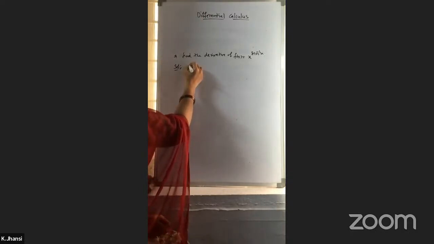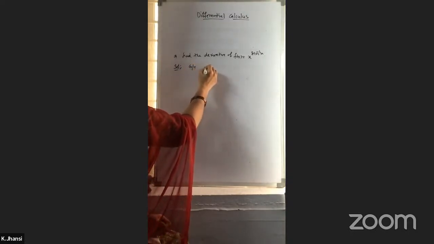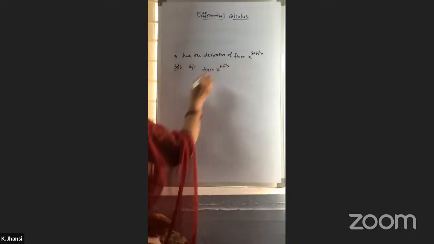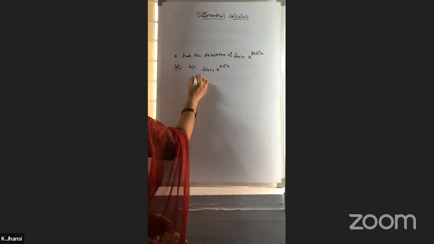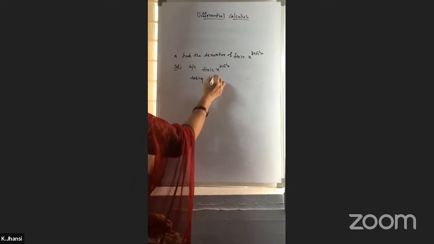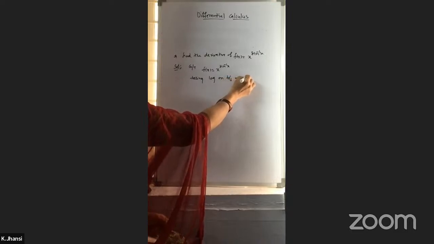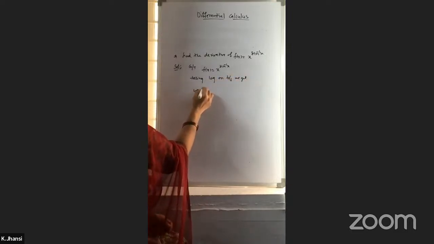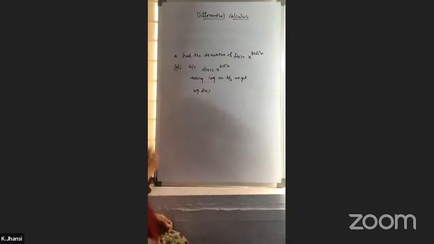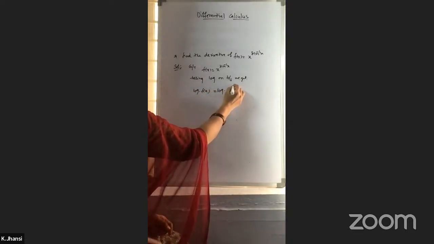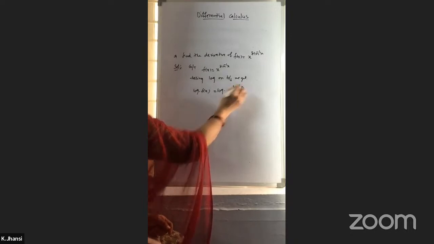Now given that f(x) equals x to the power of sine inverse x, taking logarithm on both sides, we get log f(x) equals log of x to the power of sine inverse x.